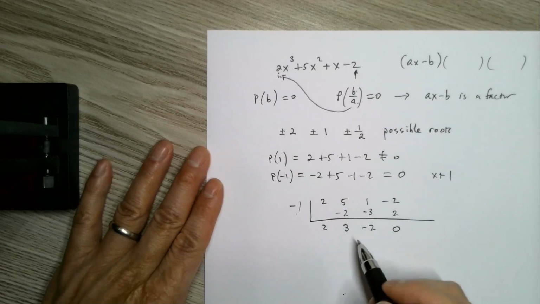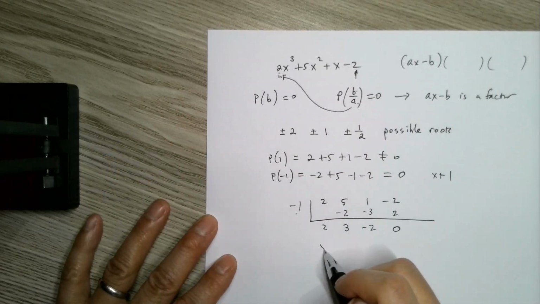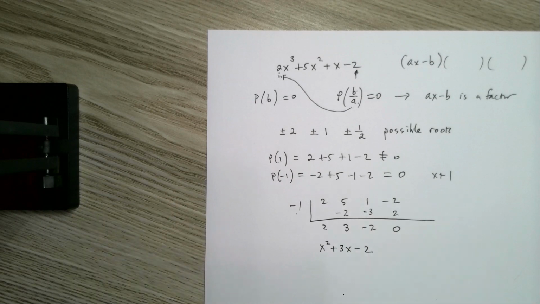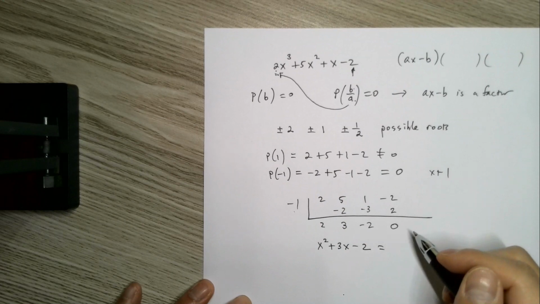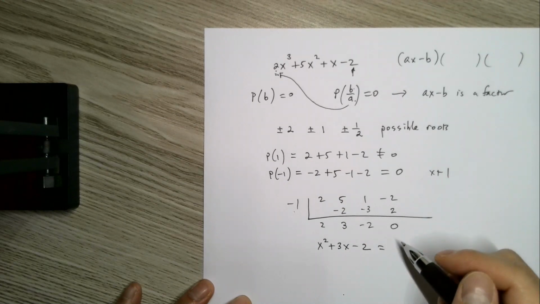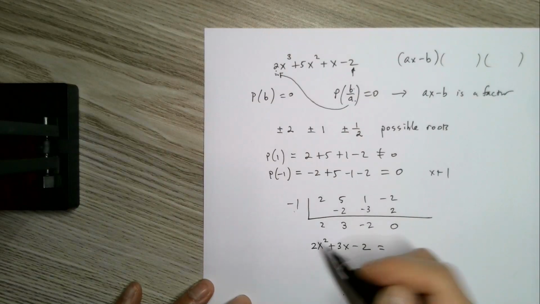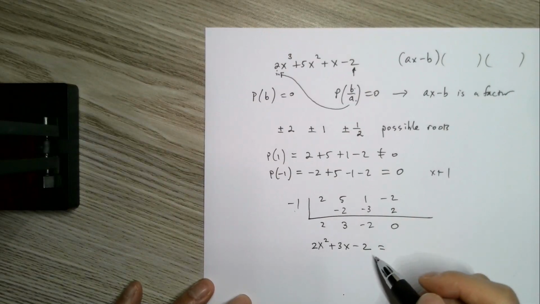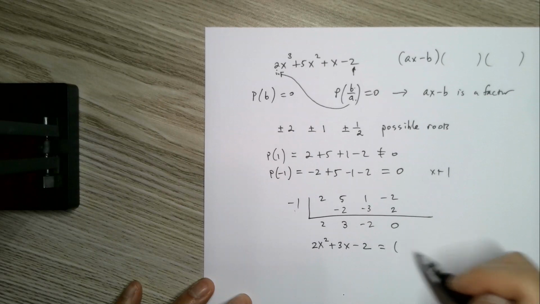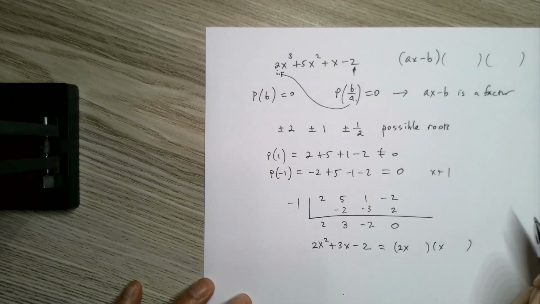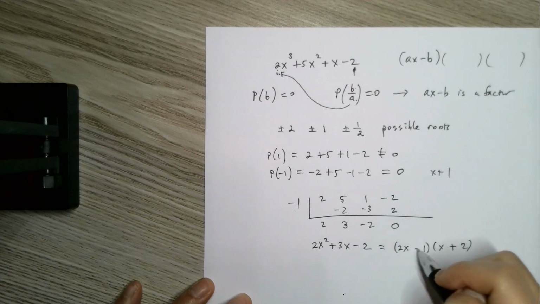Okay, so that means 2x squared plus 3x minus 2 is my leftover trinomial. And that should be factorable. Yeah. There we go.